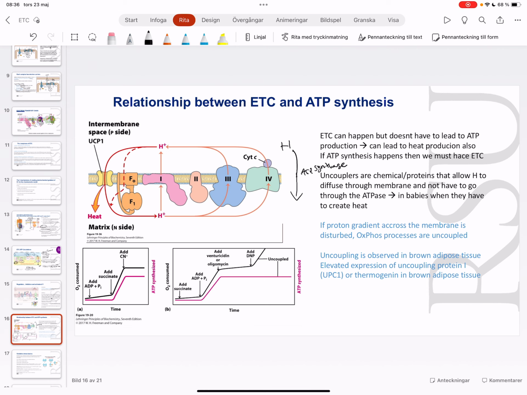This can happen in babies or newborns when they have to create heat. And uncoupling is observed in brown adipose tissue, because there is an elevated expression of uncoupling protein 1. So UCP1 is a protein that gives an alternative way for hydrogens to flow in, and that will create heat.